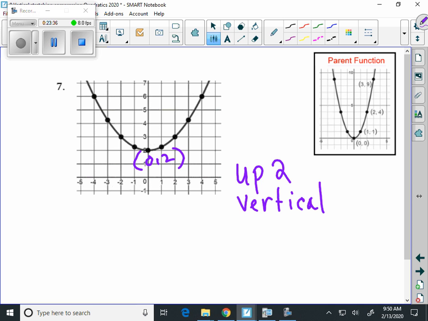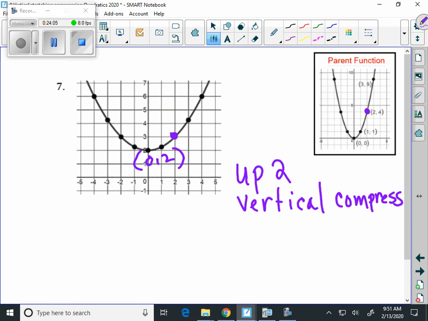So now we can use this point, which I'm comparing back on the parent function to that point, 2 spaces to the right. Because we're not changing the x values, we're vertically changing. We're changing the y values. So as we finish up here today, it's going to be a vertical compression because we think we should have gone 4 and we only went 2.